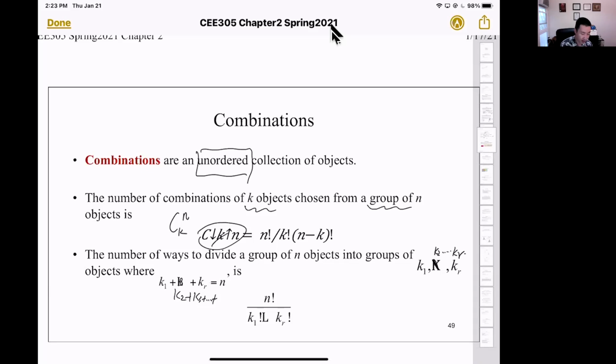In that case, we should use this equation: the factorial of n over the factorial of k1 times the factorial of k2 times up to the factorial of kr. This is a special situation we're going to look at in a moment.